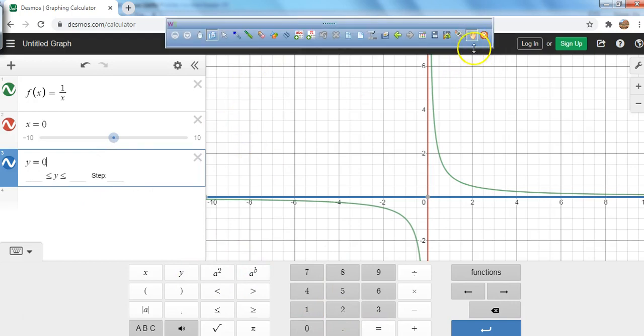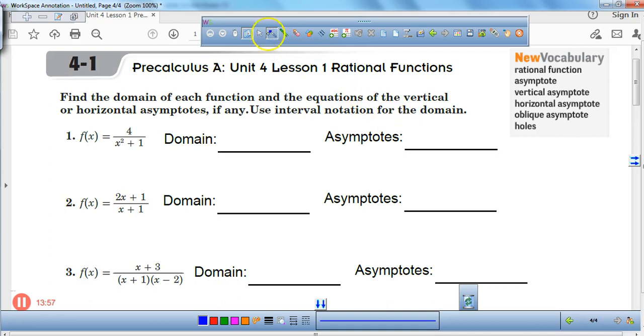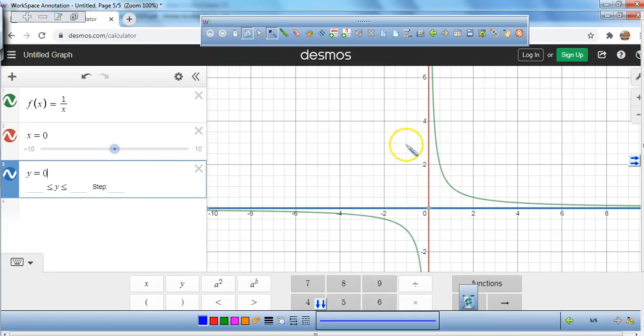And if you're wondering why the horizontal asymptote's at y equals 0, technically I could say 1 times x to the power of 0 over x to the power of 1, and it follows the rule where if we have m over n, m is less than n, so therefore our horizontal asymptote is y equals 0.